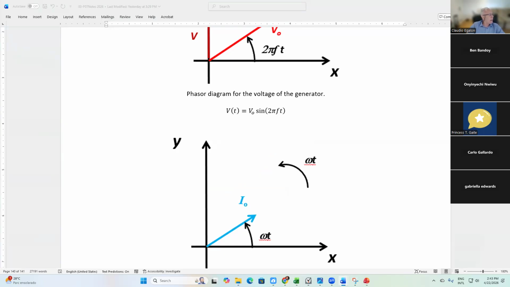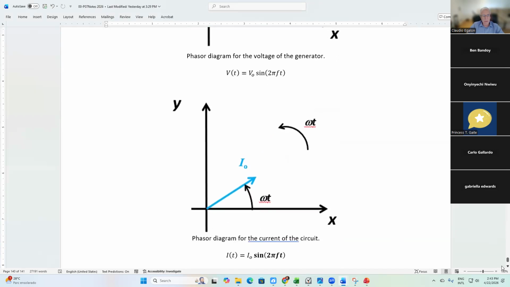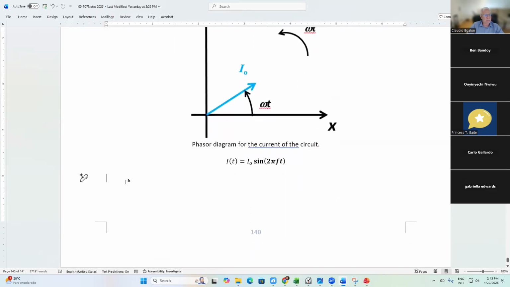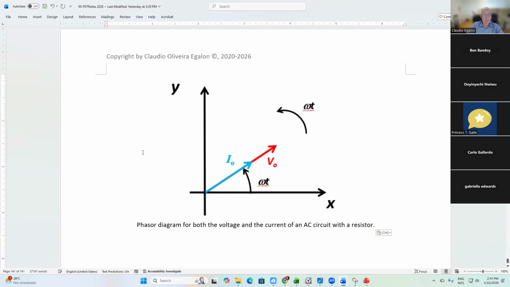Combine them in the same diagram, just like we have in the book. It's a very simple idea that ends up being very powerful, by the way. To solve problems, you combine them in the same diagram, you have the voltage below and the current above, right? And they are sticking to each other, coinciding with each other, rotating with the same angular velocity.